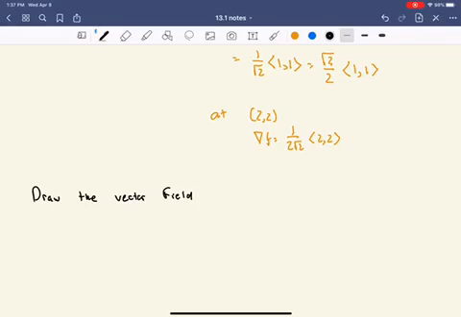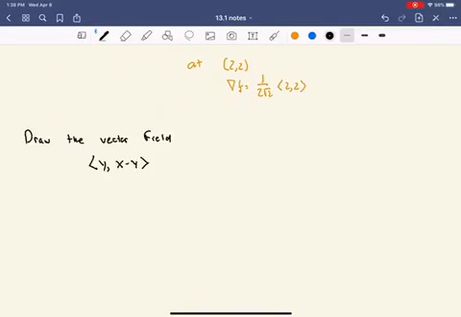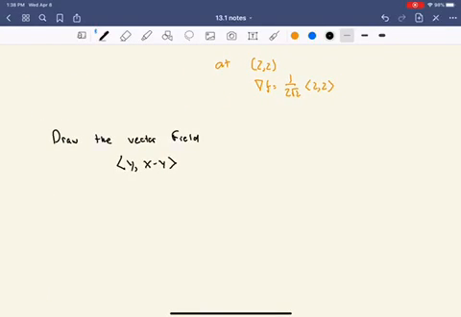We're going to draw, let's take (y, x minus y). So here, we're actually given what the vector field is. We don't have to find it as a gradient. Okay, so let's draw our axes again.